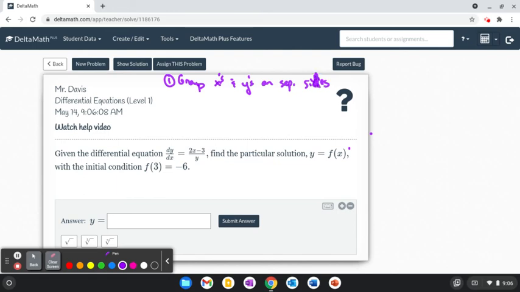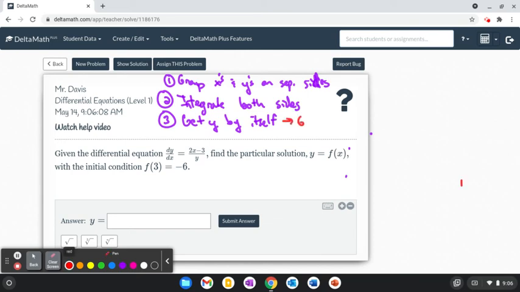The next step is going to be to integrate both sides. After that, we're going to solve for y. Let's get the y by itself. That's going to give you your general solution.